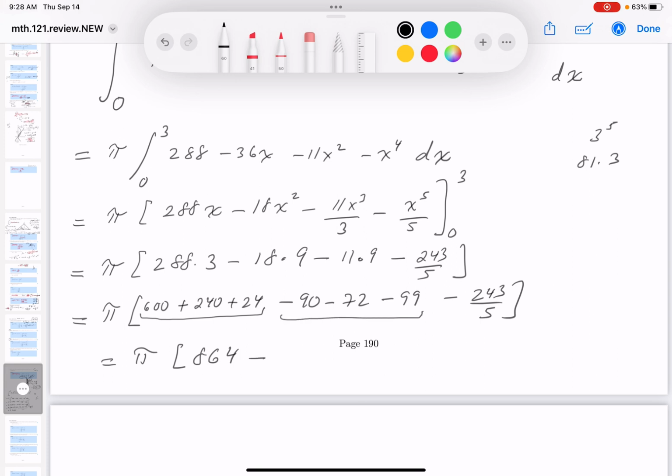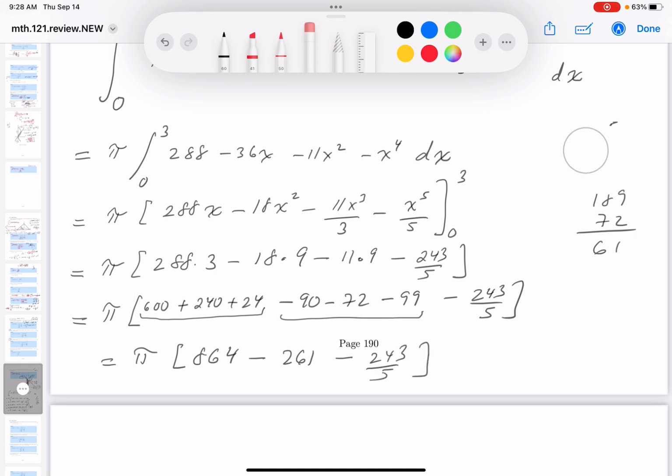Then I'm going to do these guys over here. Subtraction problem. And 99 is 180, so 189. I know this is a negative number, by the way. I got a 72. So it's going to be 9 and 2 is 11, 16. And you get 261. Whoops, I almost forgot that guy. 261. I'll check that again, by the way. Minus 243 over 5.